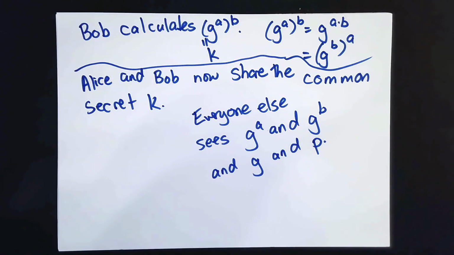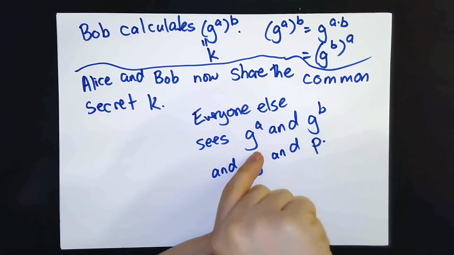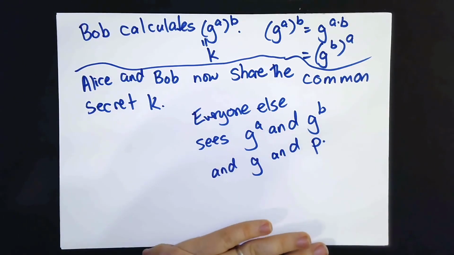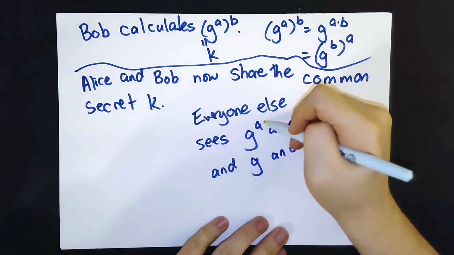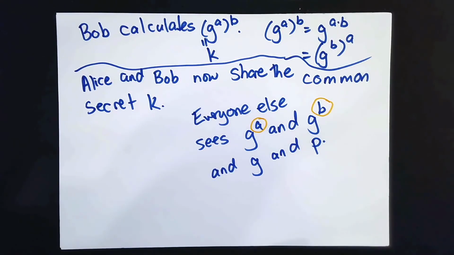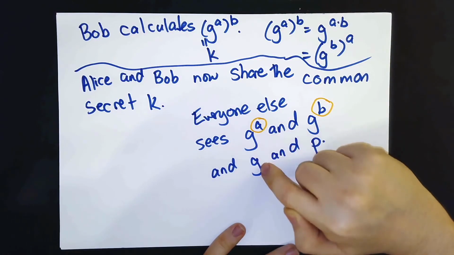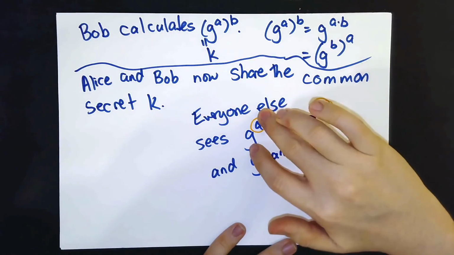But someone who knows only these four things cannot calculate g^(ab) unless they figure out what a is or what b is. And here's the key. In order to figure out what a is, someone has to solve the discrete log problem on the number g^a.